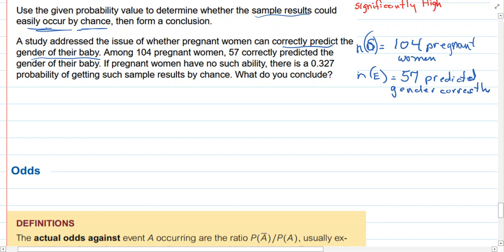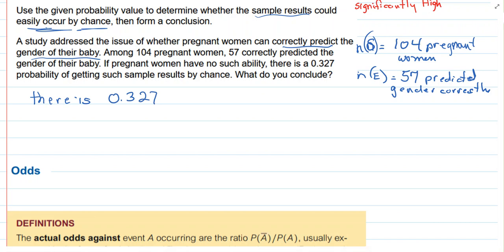If the pregnant women had no such ability, there is a probability of 327 thousandths, or 33%, that such a sample results from chance. What do you conclude?